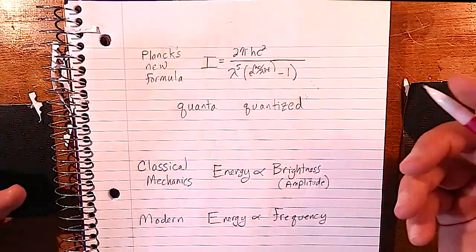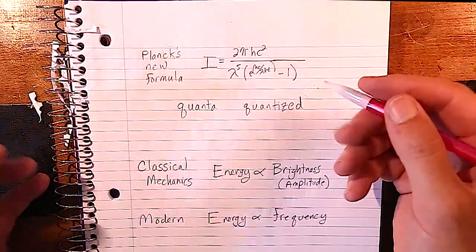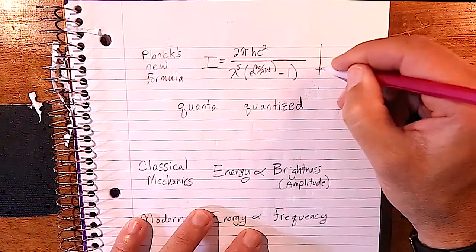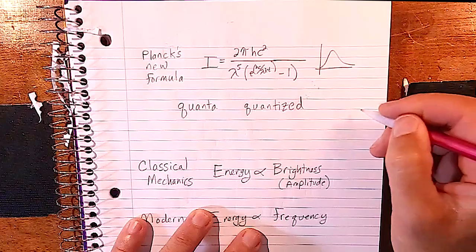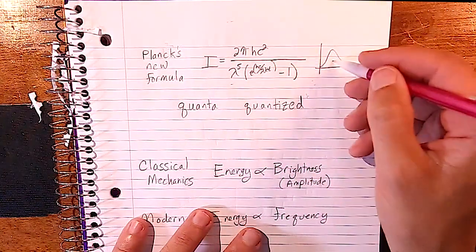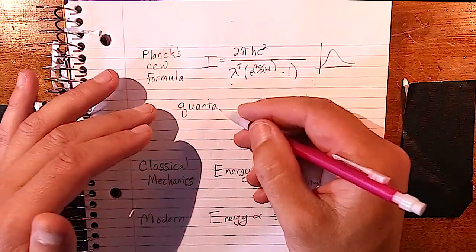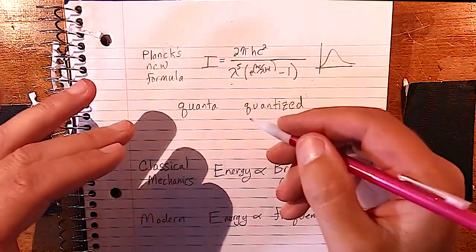So Planck comes up with this new crazy formula. And it's a mathematical formula that's really nice because it matches the curve. So he can throw the wavelength in there and a bunch of constants, and he matches the curve. This is based off of this idea of quanta. It's a quantity.